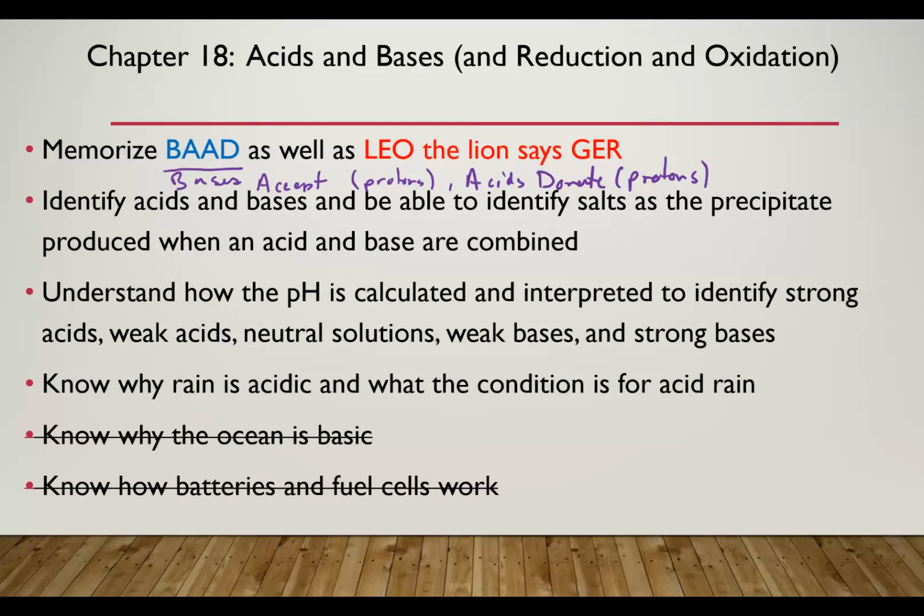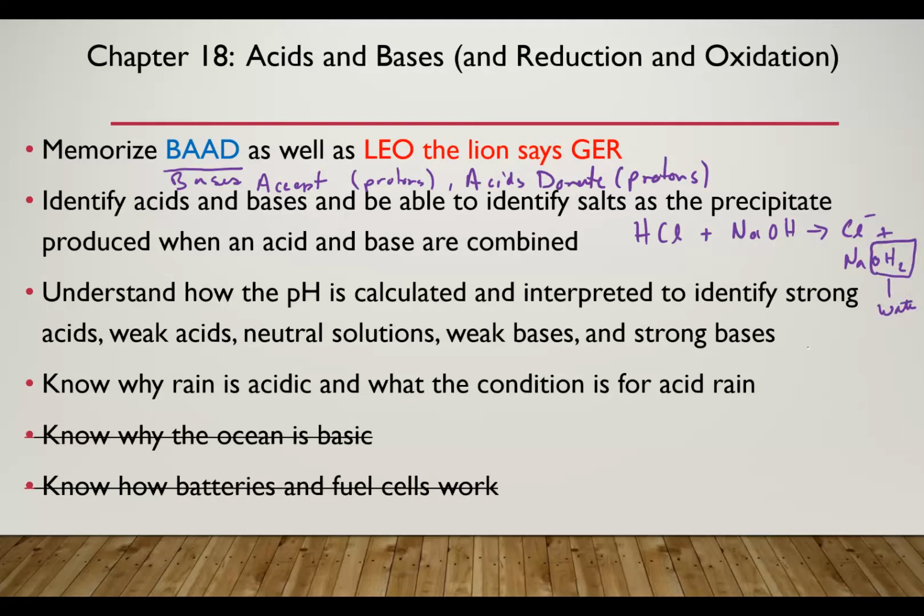So if I take, for instance, a hydrochloric acid plus a sodium hydroxide base, the hydrochloric acid is going to donate an H, and so I'm going to have chlorine by itself. The sodium hydroxide is going to take on an H, but then that OH2, that's water.